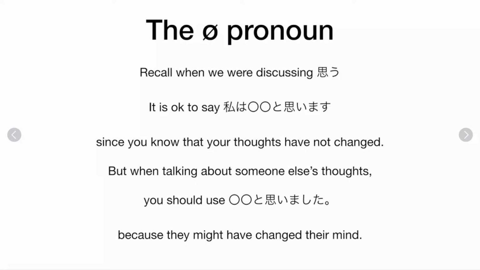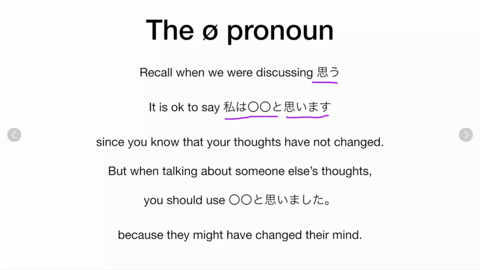When we talked about omou, right? We can say watashi wa marumaru to omoimasu. I think this. That's fine. But when you're talking about someone else's thoughts, you don't know if it hasn't changed. You don't know their current state of mind.